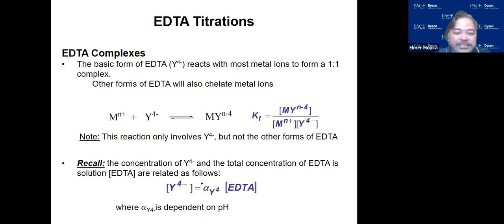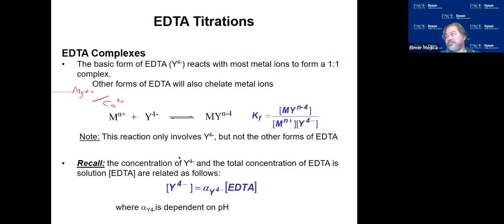So how are the EDTA complexes formed? The basic form of EDTA, which is Y4 minus, reacts with most metals to form a 1:1 complex. Other forms of EDTA will also chelate metal ions. So you just assume that this is calcium or magnesium. When it reacts here, you produce this one, a metal complex.